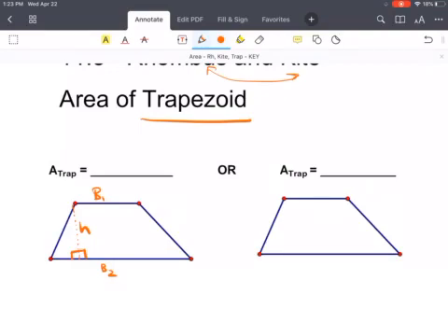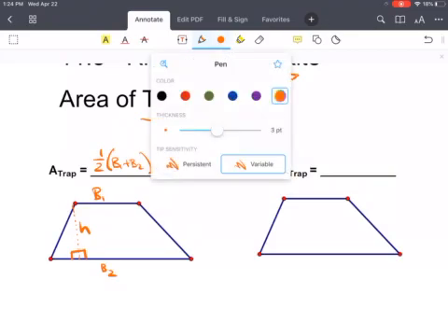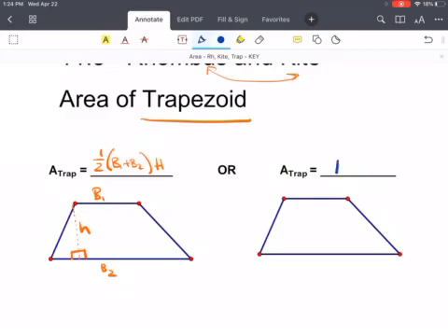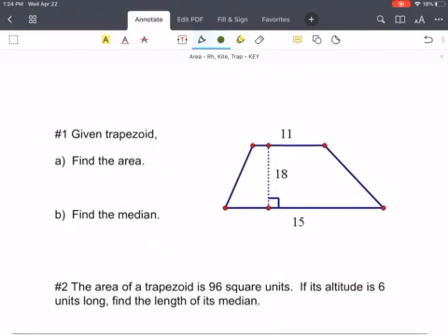So the area of the trapezoid is half of the bases added together multiplied by the height, or it is also done as the median times the height, and the median is the segment that is in between the two bases. The median is always just equal to half of the bases. So it doesn't really matter which one, but you could use two different formulas for the trapezoid.